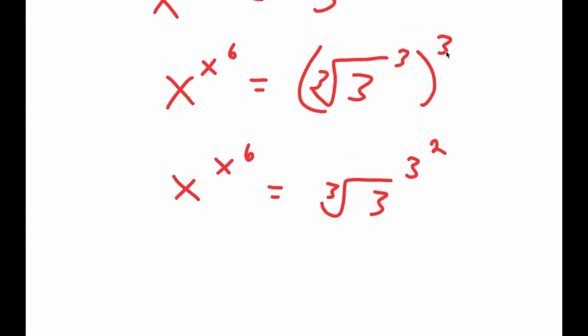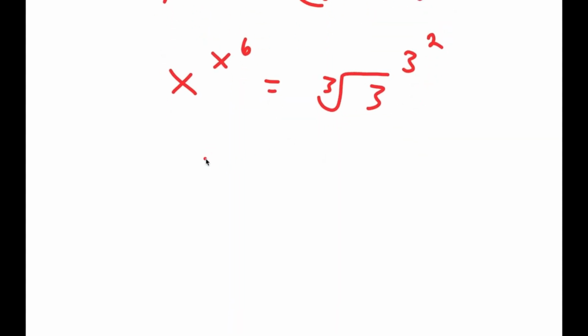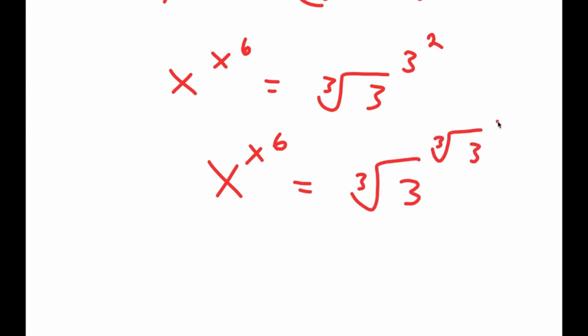Because 3 times 3 is 9, and 9 is the same thing as 3 squared. Now from here, I get x to the power of x to the power of 6 is equal to the cube root of 3 to the power of the cube root of 3 to the power of 3 to the power of 2.